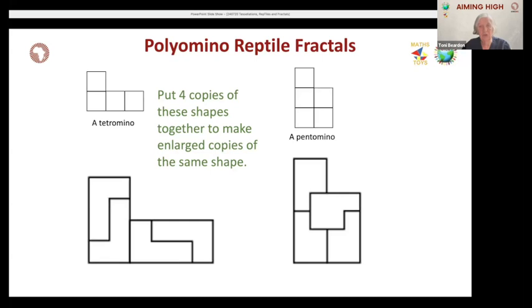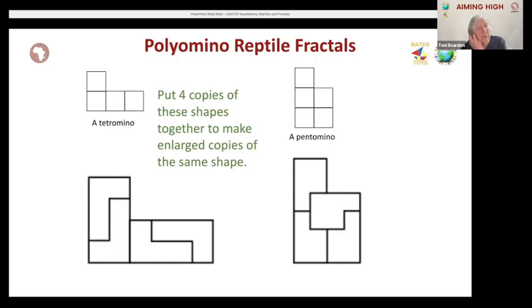And there's the solution. Okay, so what we've shown in the diagrams I've just revealed is how you put 4 L shapes together, tetrominoes, and you can make a bigger one, or 4 pentominoes together to make a bigger one.